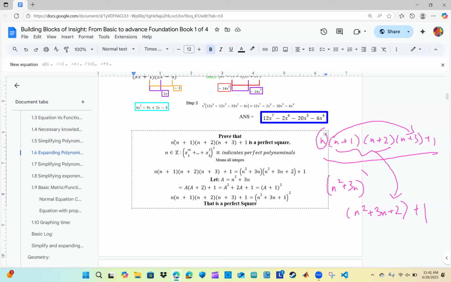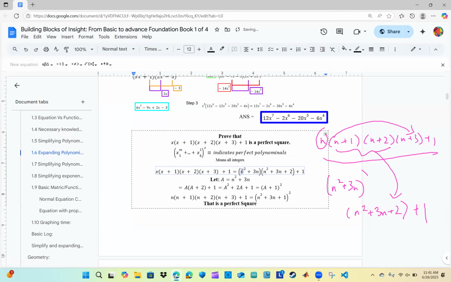Let me just change it to all x's, because there's no need for it to be an integer in the actual question. I don't know why I decided to have an integer. Why? You just overcomplicated something that's simple.